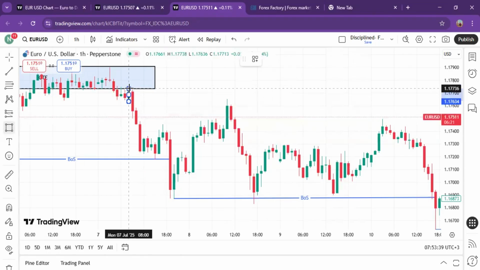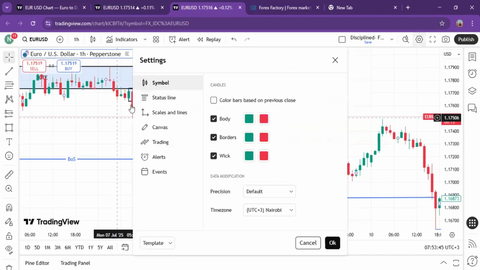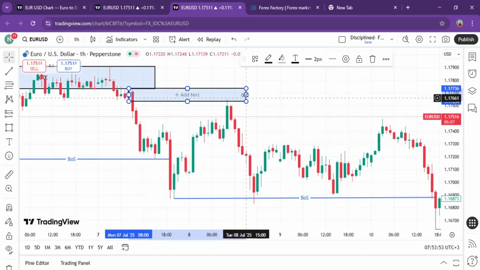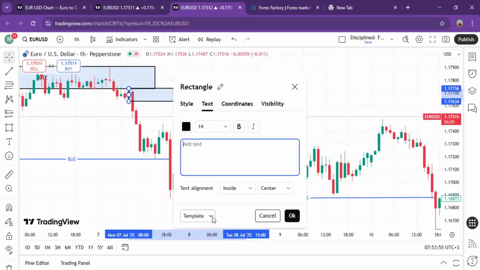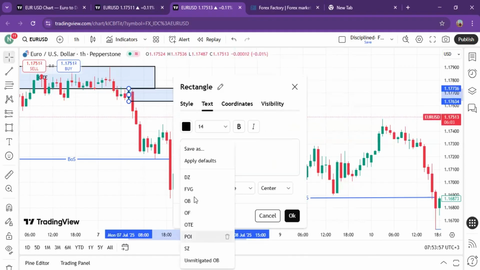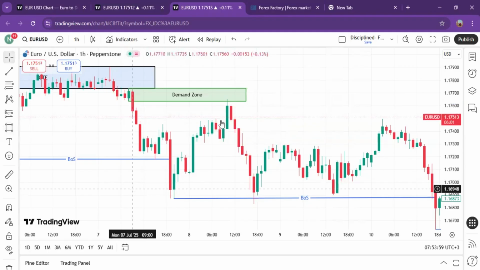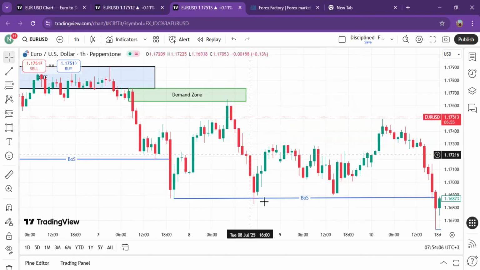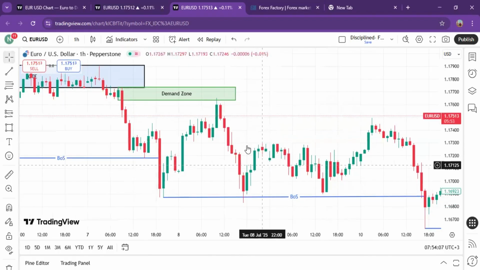This is the candlestick that led to the selling pressure, which we can see at this point. So you mark it as your demand. You can see that the market just went a little bit into the demand and continued moving downwards.